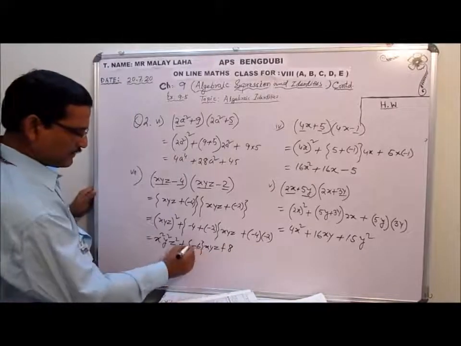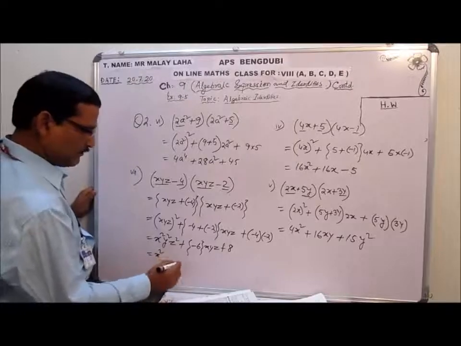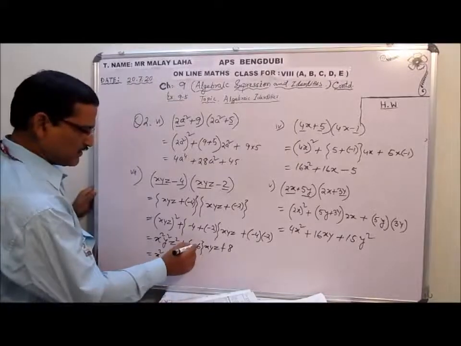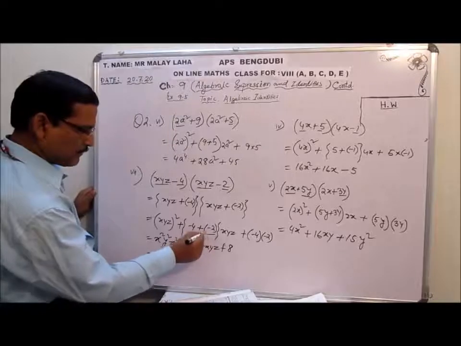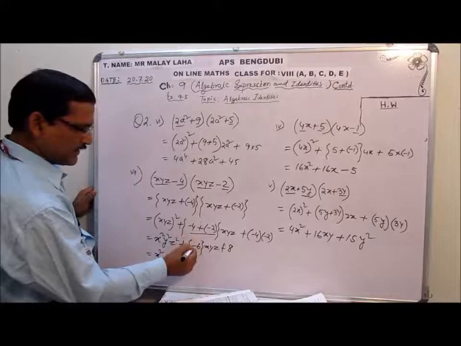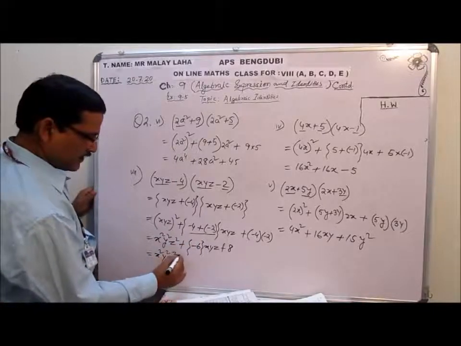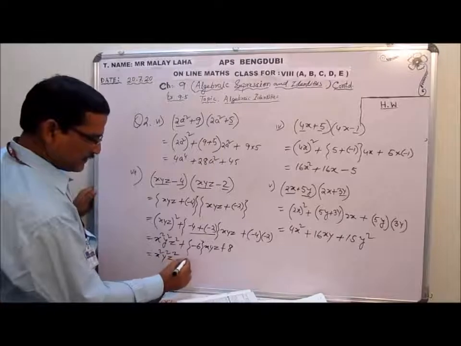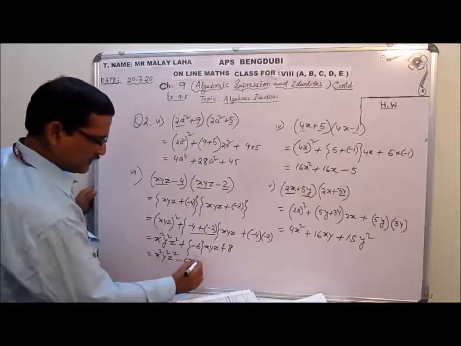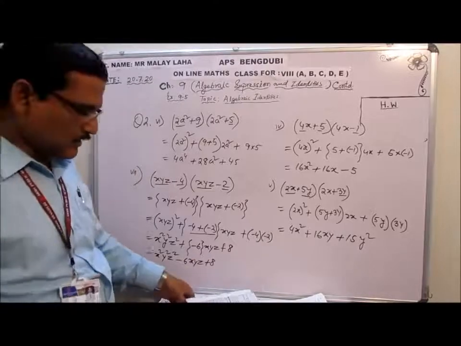So minus plus minus. I can do it in one attempt, but I have just given you a chance to think about these two parts. Okay, minus 4 minus 2 is minus 6, but the sign is minus. After that the final result is x square y square z square minus 6xyz plus 8. Got it?